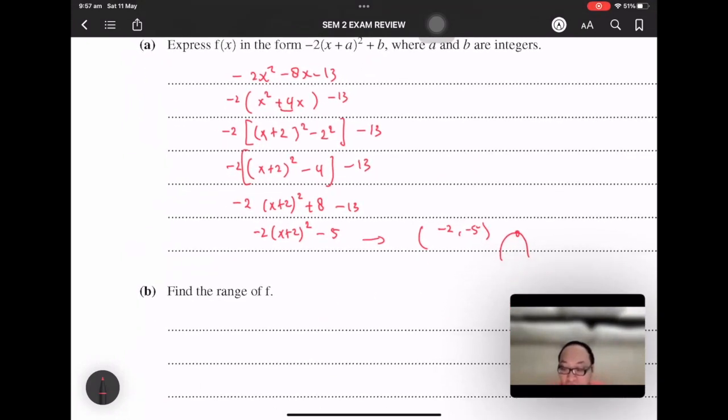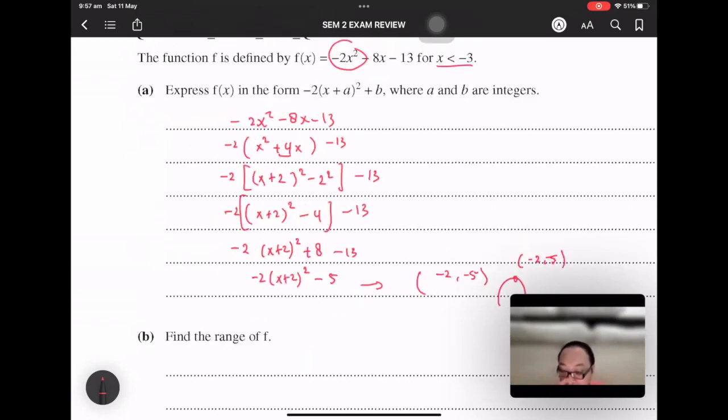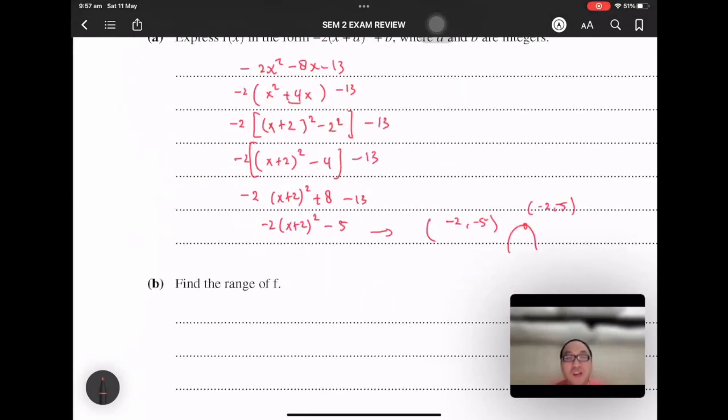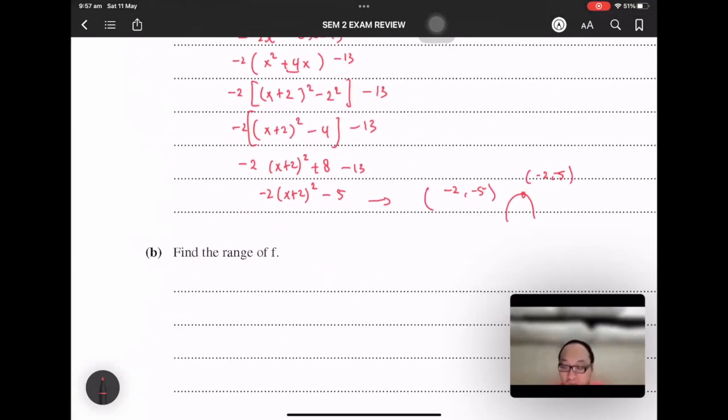So the vertex will be negative 2, negative 5. So x is smaller than negative 3. So the domain doesn't start at the vertex. It starts here, x equals negative 3. So we cannot take this vertex as the range.